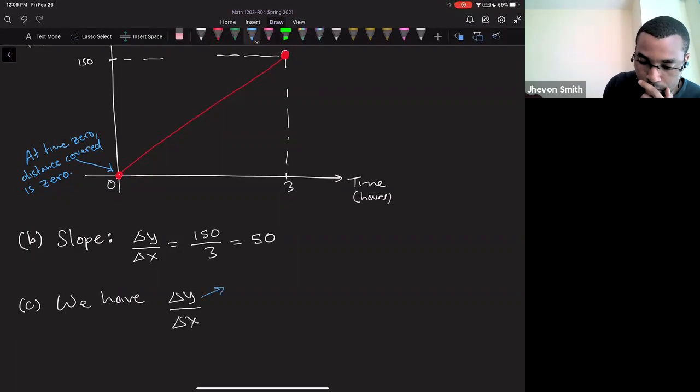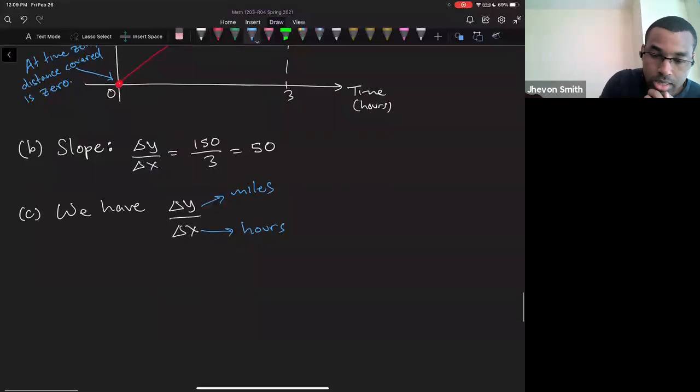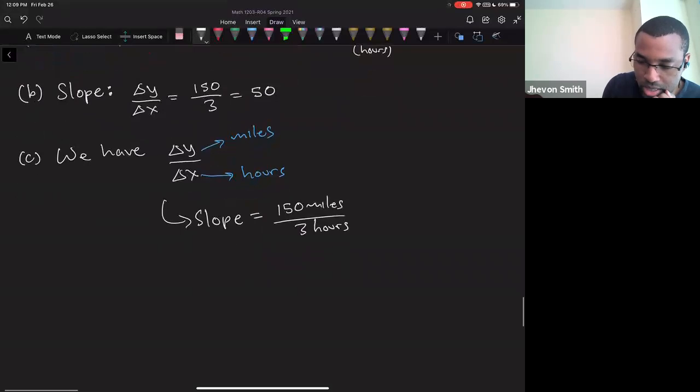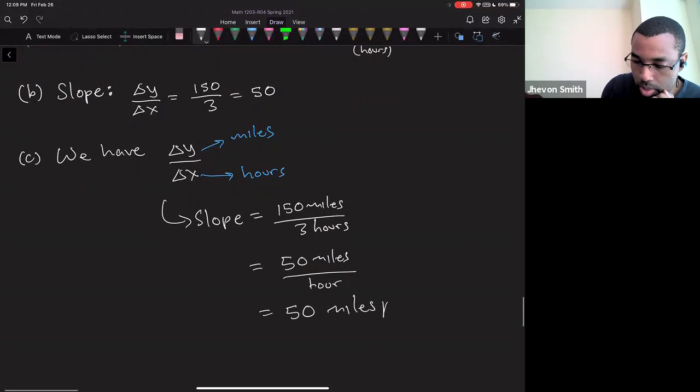This was measured in miles. This was measured in hours. So this means the slope was actually 150 miles per 3 hours. And in other words, when I simplified it to 50, I had 50 miles per 1 hour. Or in other words, that's 50 miles per hour.